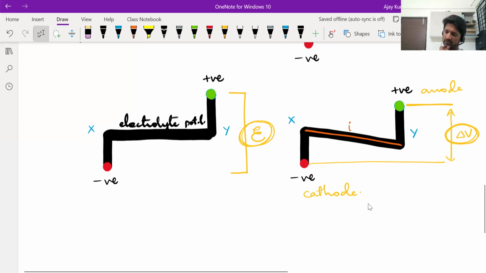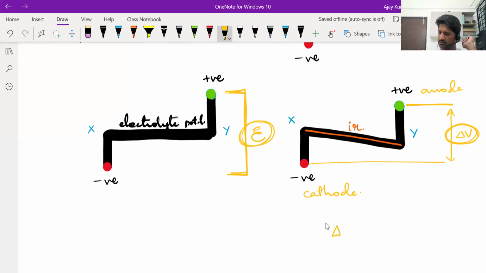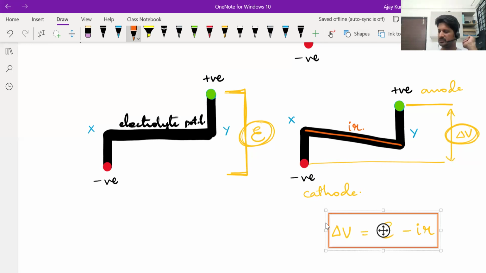Had that fall not been there, the total potential difference between the anode and the cathode is the EMF of the cell, E. But due to that fall, it now decreases by Ir. So the potential difference across the terminals of the battery now is E minus Ir. It won't maintain a potential difference equal to its EMF when current flows through the cell.